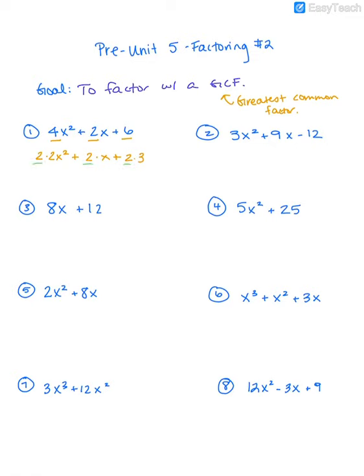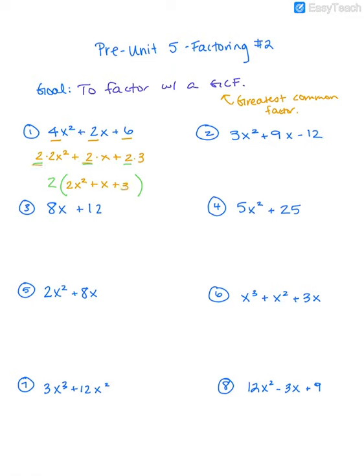So what we do is we factor that out front. It's just like what we did with the distributing. It's like undistributing. So you pull the 2 out front, and what you're left with then is 2x squared plus x plus 3.